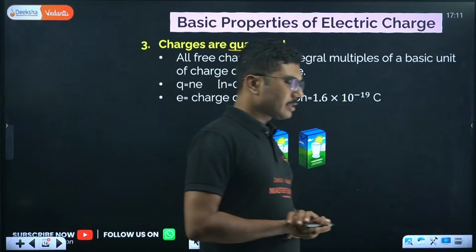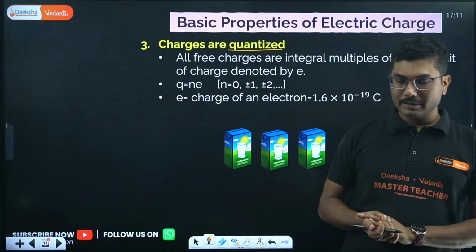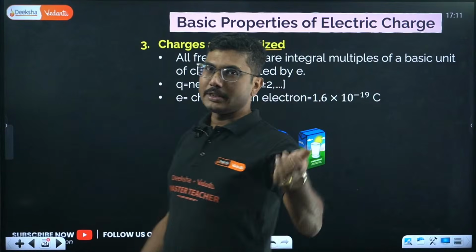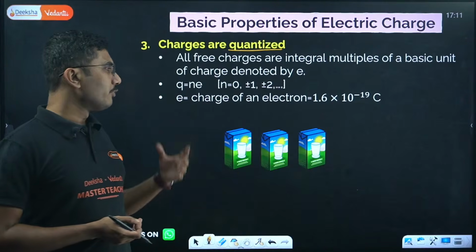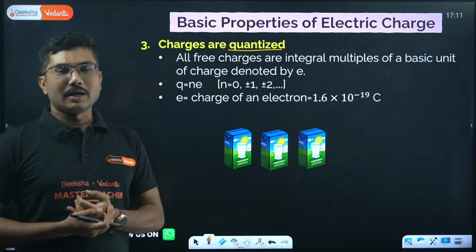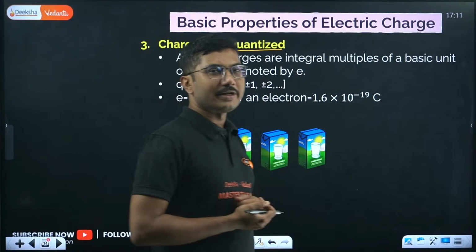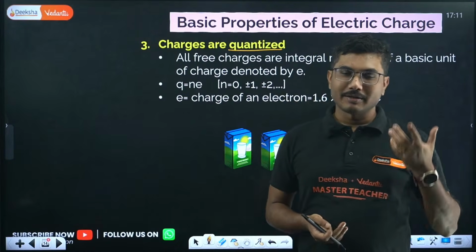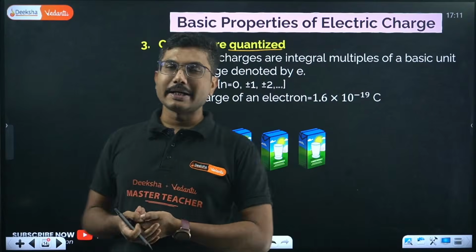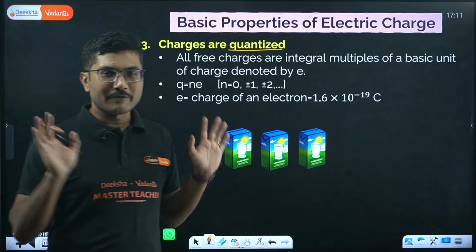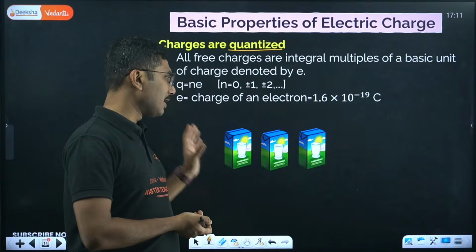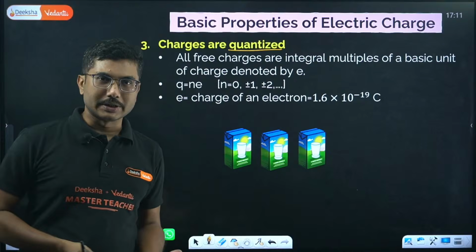You require say 1.5 liters of milk for some payasam in your home. So you visited the shop and you asked, uncle, I need 1.5 liters of milk. The shopkeeper will tell you, we do not have 1.5 liters, you either have to buy 1 liter or you have to buy 2 liters, right?